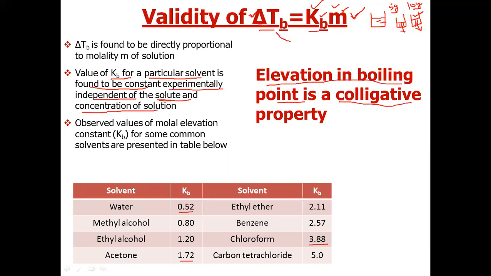Why? Because it depends only upon the concentration of the solute. Concentration of the solute means the number of solute particles, and it is independent of the nature of the solute. That's why elevation in boiling point is a colligative property.